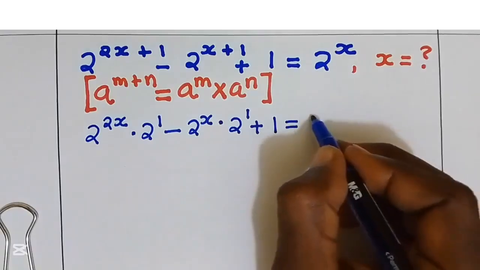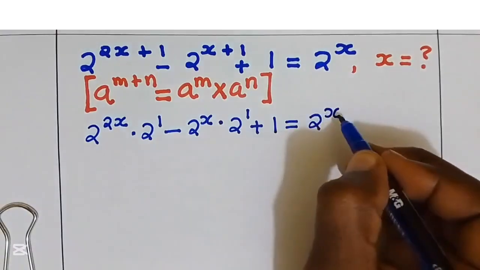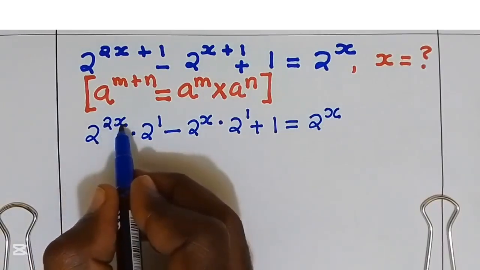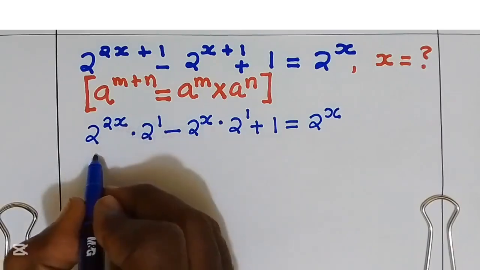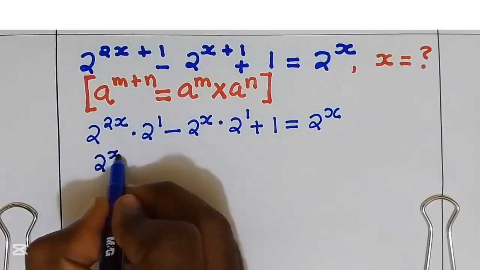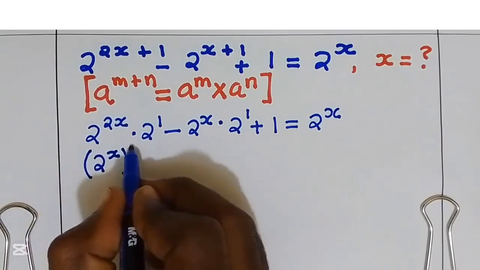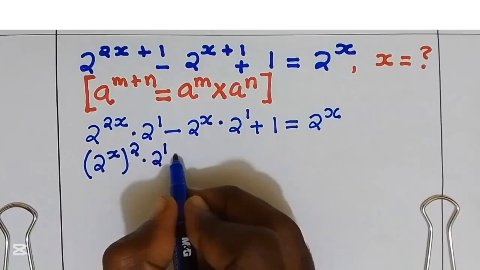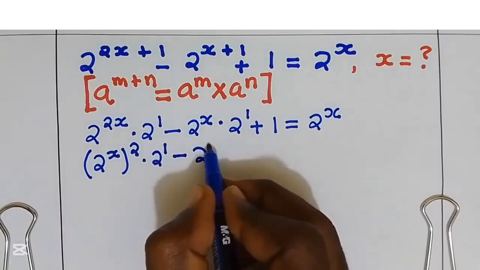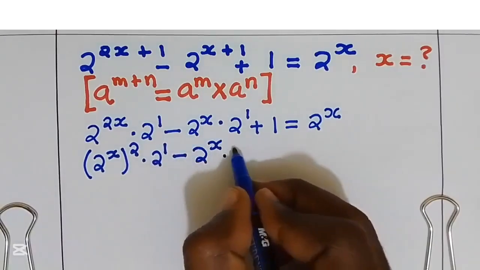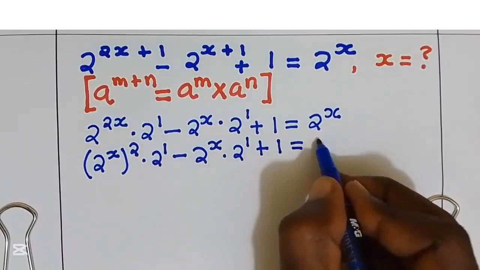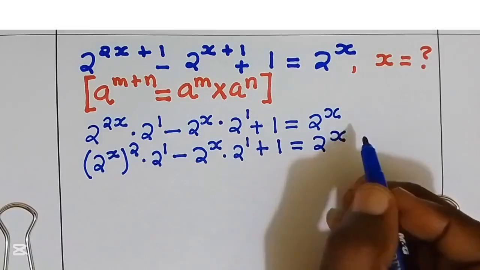This is equal to 2 power x. For 2 power 2x, I can exchange the power and write it as 2 power x squared, multiplied by 2 power 1, take away 2 power x multiplied by 2 power 1, plus 1. This is equal to 2 power x.